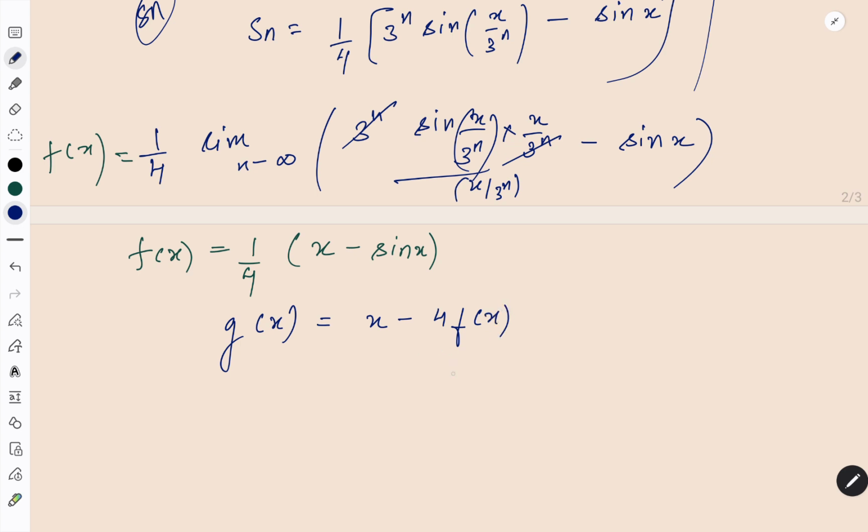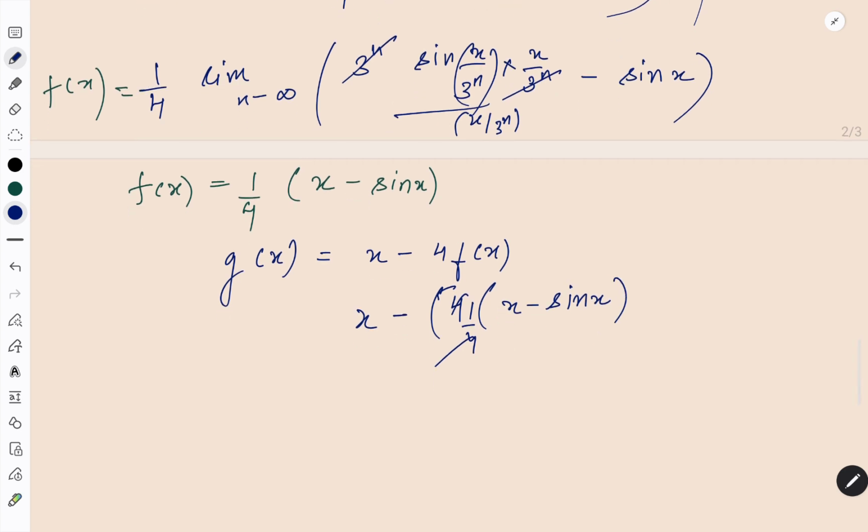That implies x minus 4 times (x minus sine x)/4.